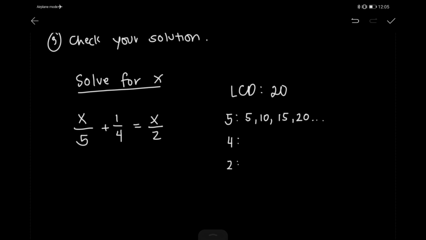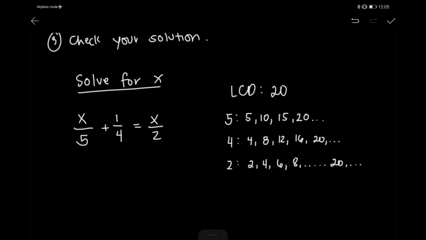The multiples of 4 are 4, 8, 12, 16, 20, and so on. The multiples of 2 are 2, 4, 6, 8, 10, 12, 14, 16, 18, 20, and so on.